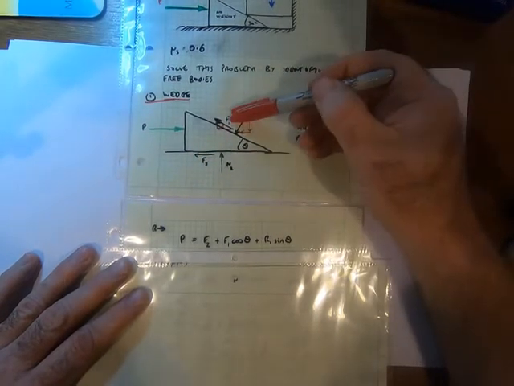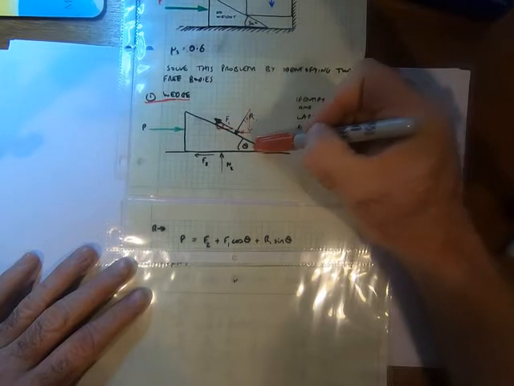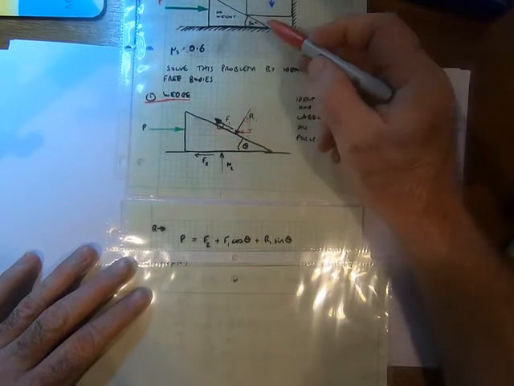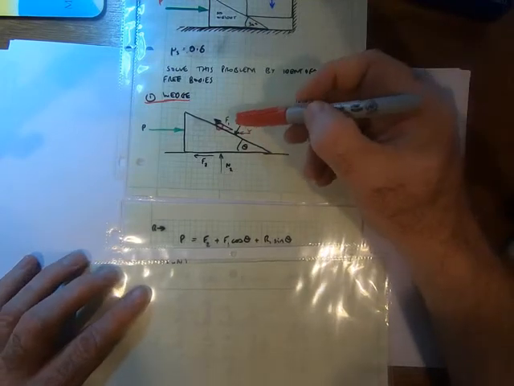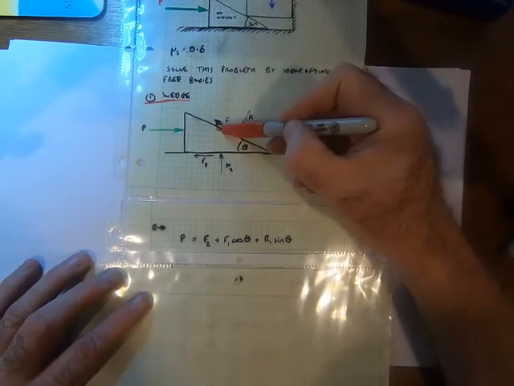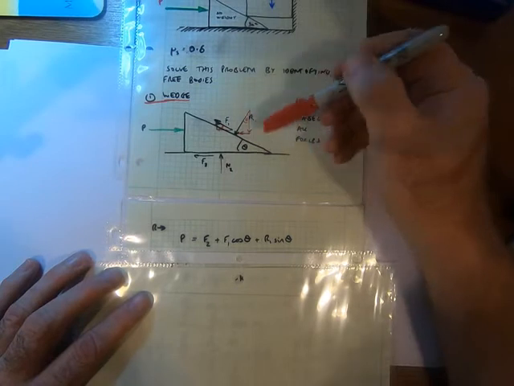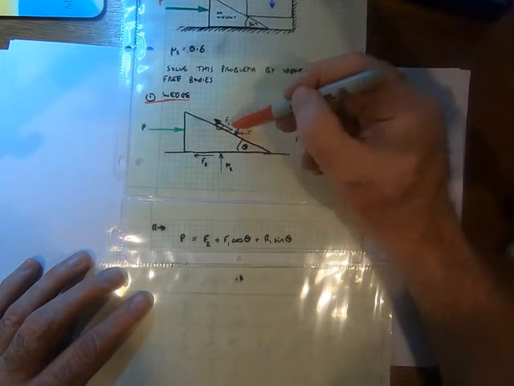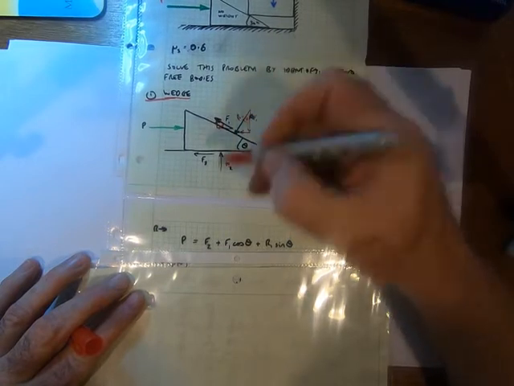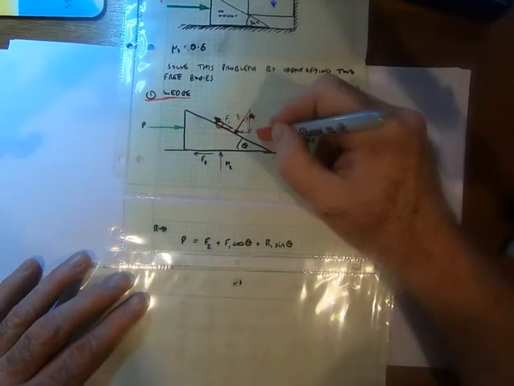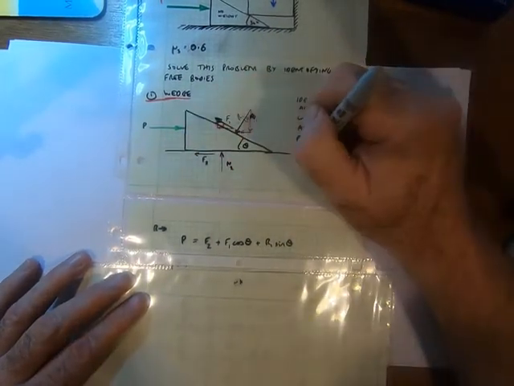I've got this F1 here, and the cosine of this angle theta, which is 30 degrees. I'm just going to use theta for now, just to save on the numbers. So it's going to be F1 cosine theta acting backwards, plus R1. Make sure it's clear, R1 is this force, not the vertical one. R1 times the sine of theta is also acting back against the P.